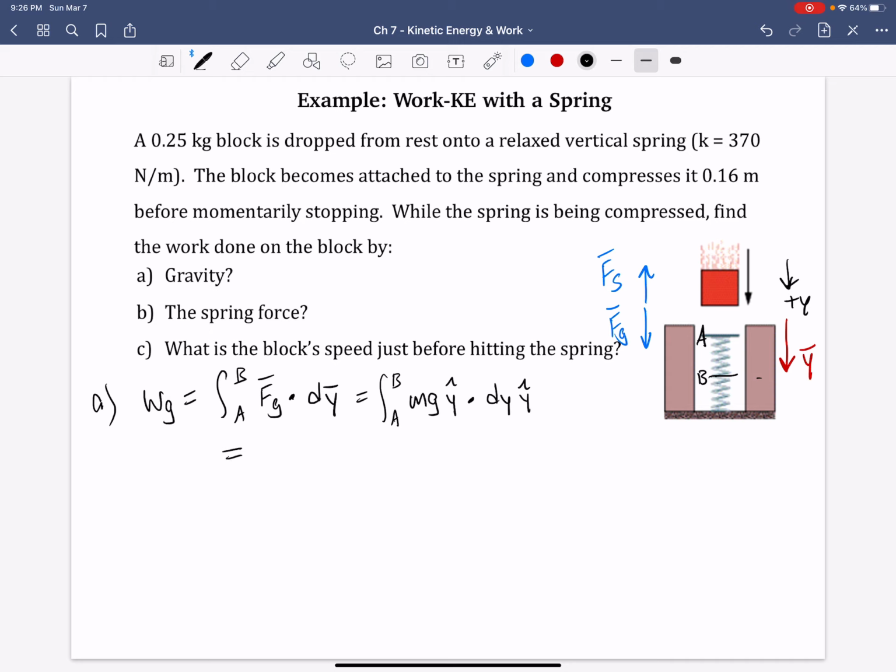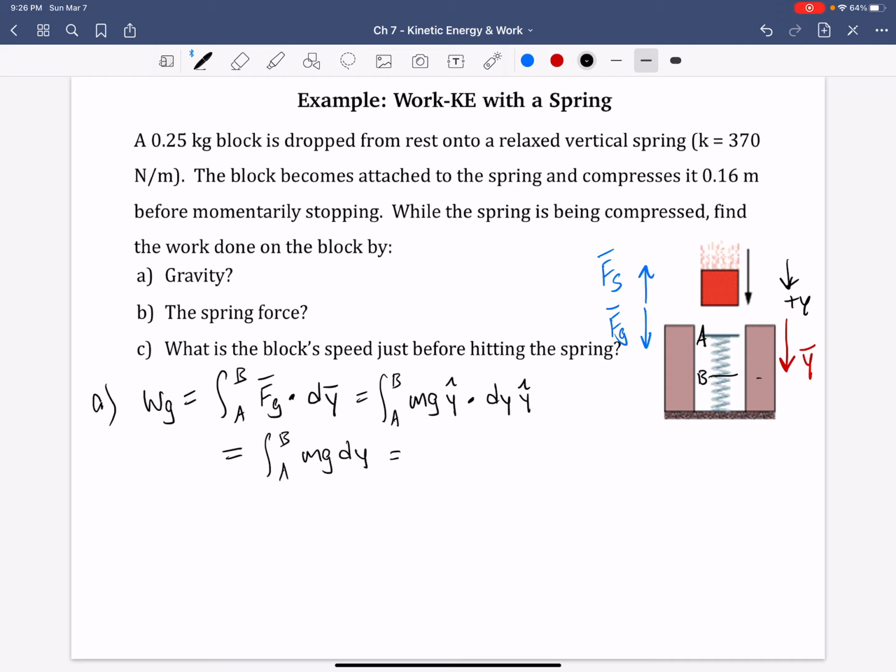Evaluating, we have the integral from A to B of mg dy. Y hat dotted with y hat, they're the same vector, so cosine of 0 is 1.